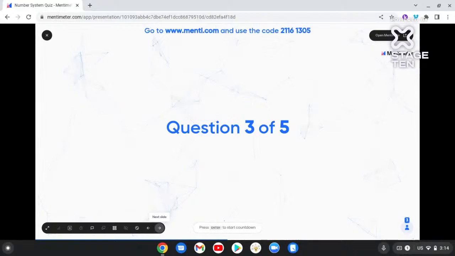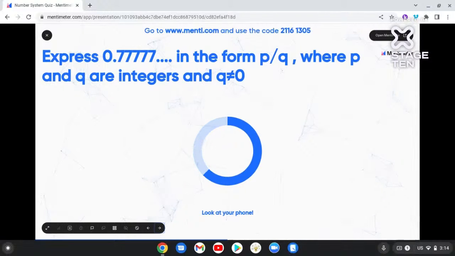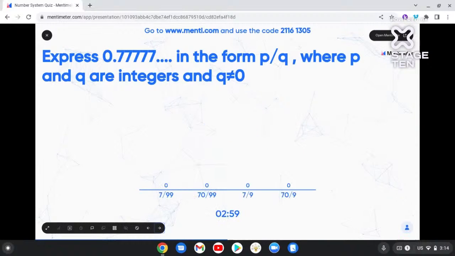Next question on your screen. Express 0.777, I mean 0.7 bar, in the form of p by q, where p and q are integers and q is not equal to 0. So that is your question. You have to write it in the form of a rational number.